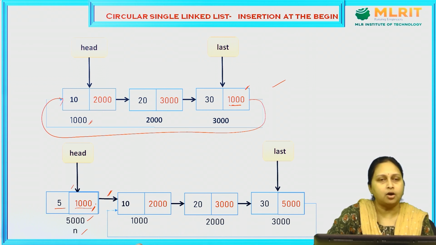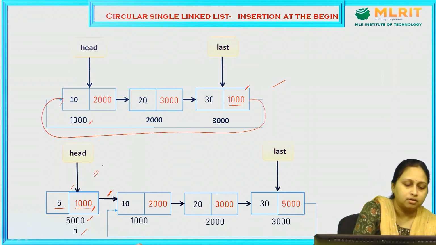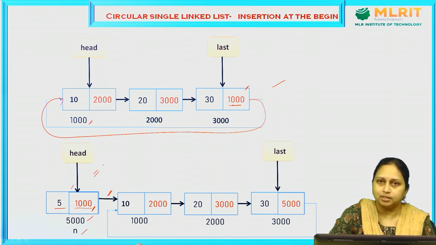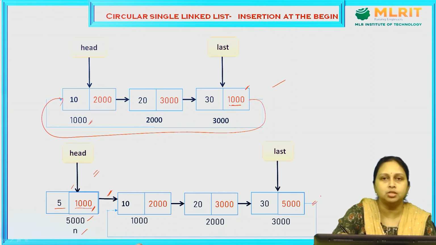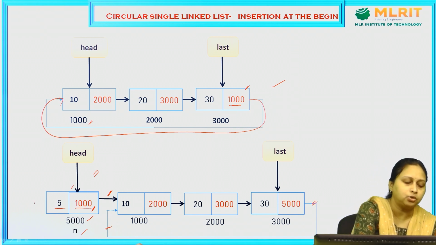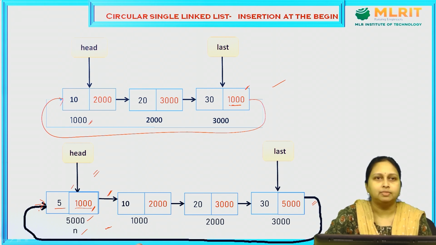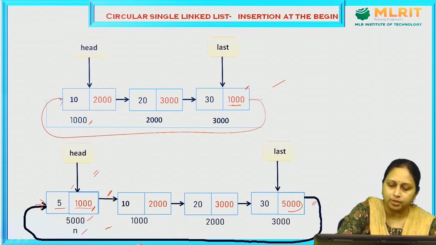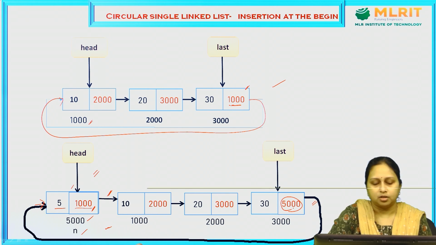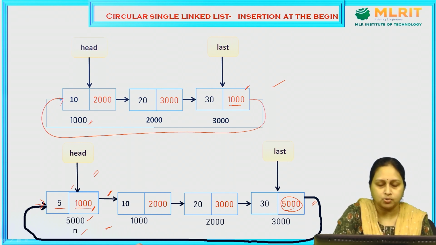After making the head this one, at the same time we need to remove this link and make the link from the last node to the head. We need to store that address into this location also. That means instead of the previous 1000, now it is updated with 5000.